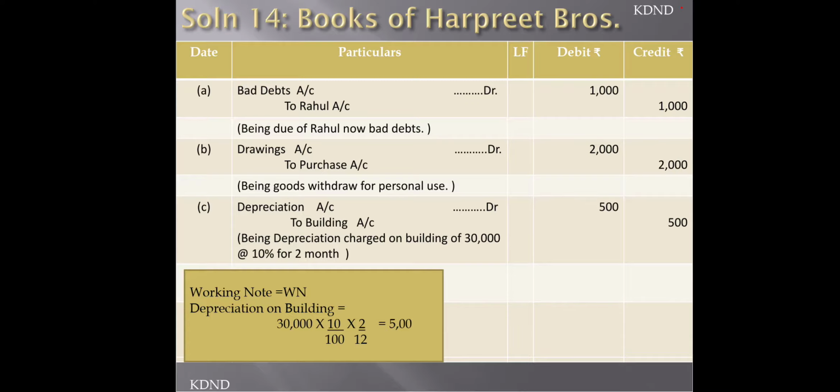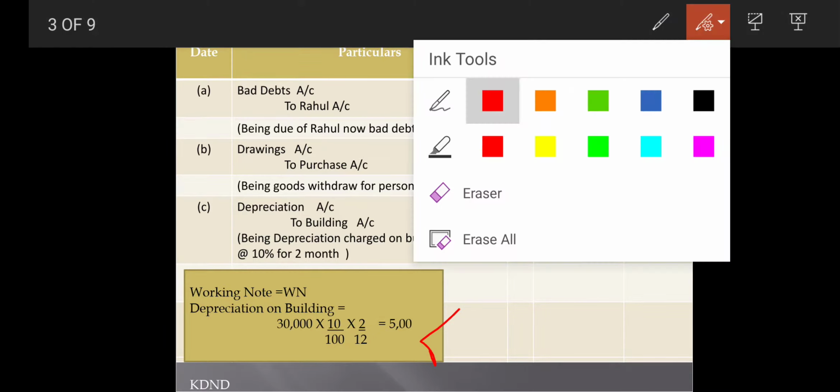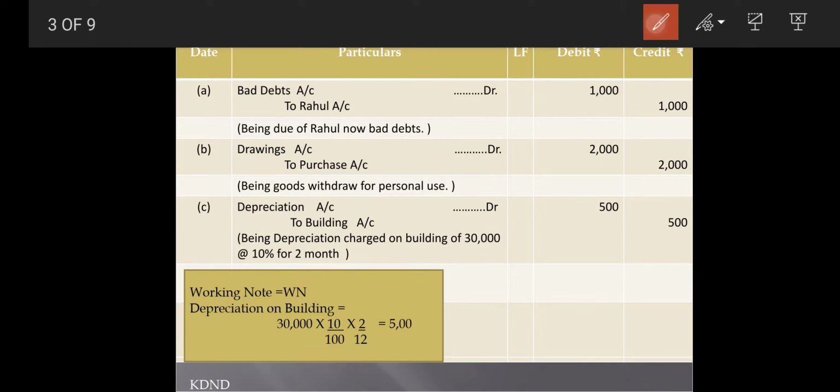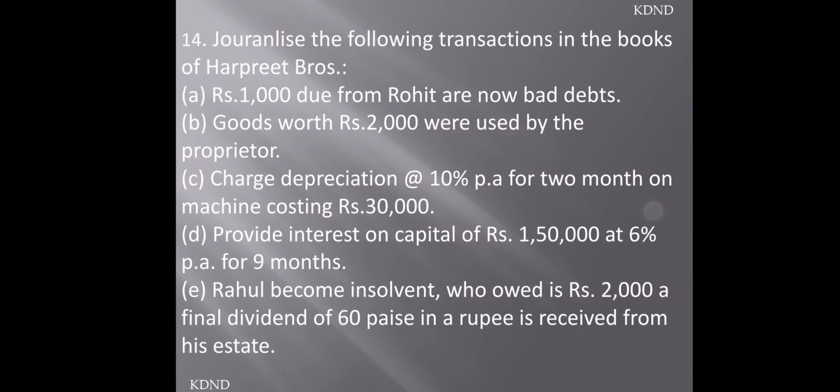You can see the working I have done: 30,000 multiplied by 10 upon 100 multiplied by 2 upon 12, because the months are involved, so we divide by 12, and percentage itself says it is to be divided by 100.